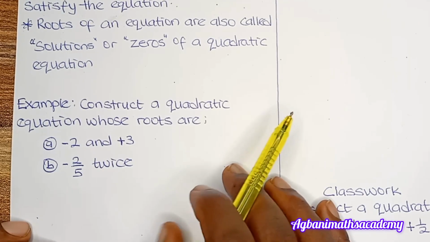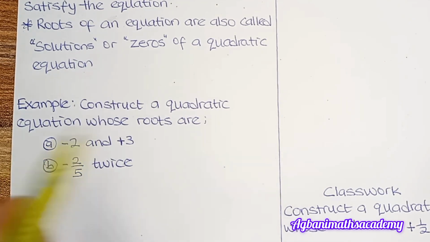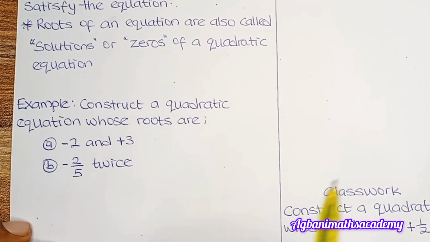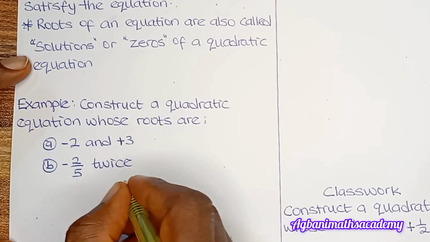In the second example, we are told to construct the quadratic equation with roots -2 over 5 twice. That means the two roots of the quadratic equation are both -2 over 5. If the variable is x, then x is equal to -2 over 5, or x is equal to -2 over 5.